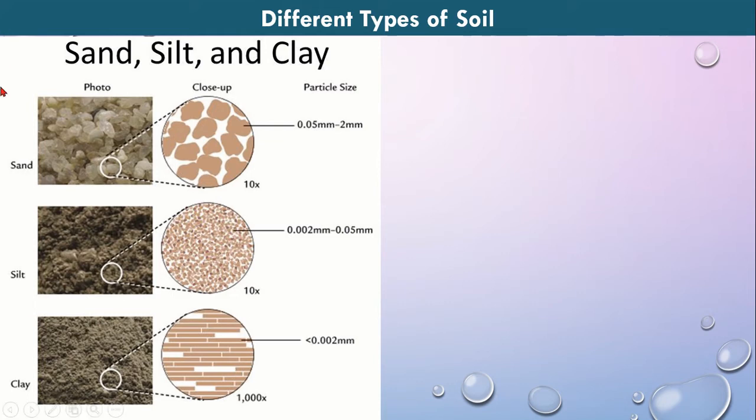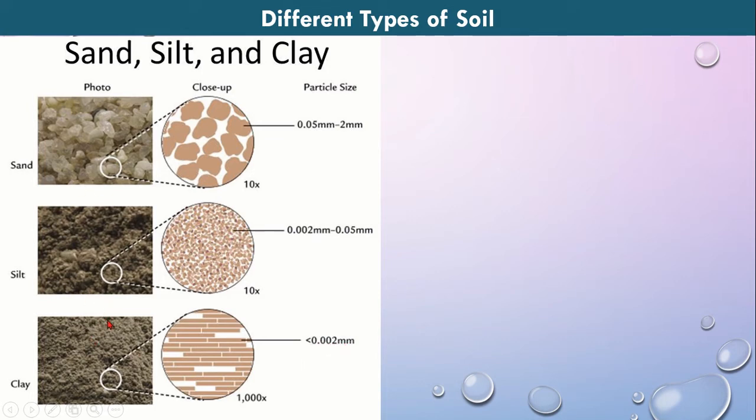This is how sand looks, and this is the close microscopic view, where the particle size is 0.05 millimeter to 2 millimeter. Silt looks like this, and its microscopic view is 0.002 millimeter to 0.05 millimeter. Then clay soil is less than 0.002 millimeter.